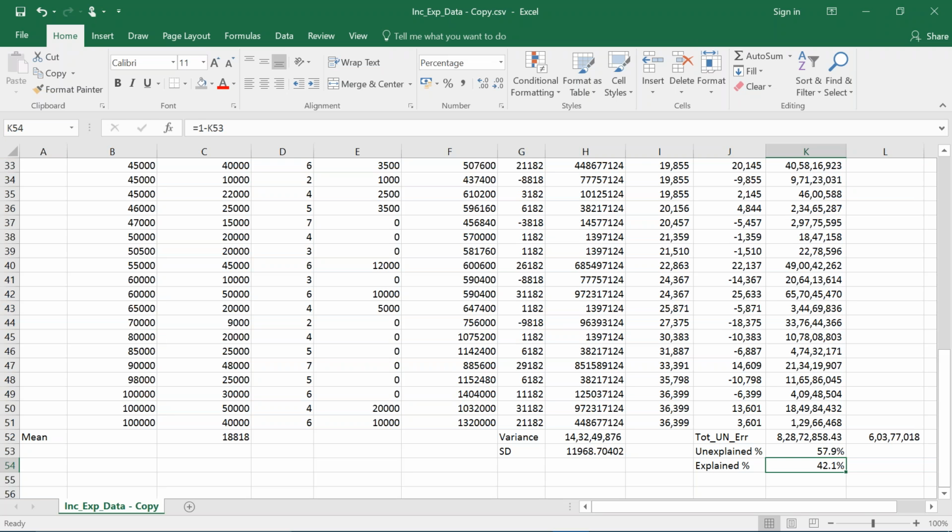Similarly, when I built a simple linear model using income to estimate expense, I have been able to explain 42% of the reason why different households have different expense levels, but I have still not been able to explain the 58% of the data.